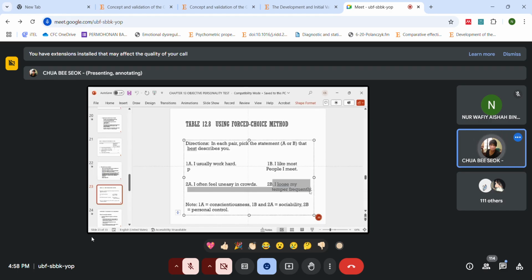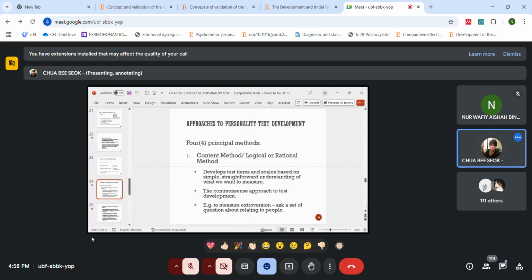You pair the items that have social desirable response tendency together, to overcome the social desirable response. And these are approaches to personality test development. This is what we have discussed in test development.